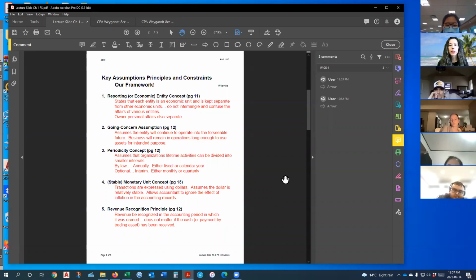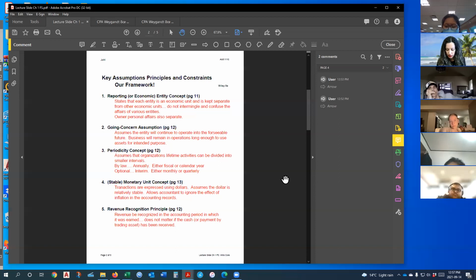They're all completely separate. Why? Because we've got to be able to evaluate each economic entity on its own merits, on its own performance. We can't jumble up personal things in the business because it's going to mess up our ability to properly evaluate the business.